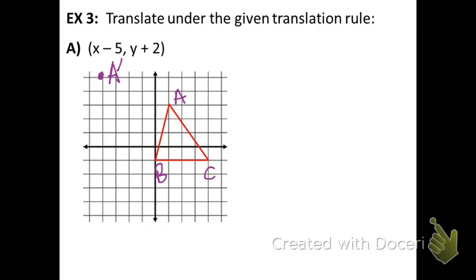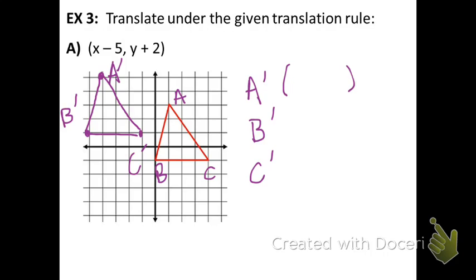B, I'm going to go back 5 and up 2 to get B prime. And C, back 5 and up 2 to get C prime. And another thing that we talked about, we said these shapes are really easy to see with translations, that they're exactly the same shape, and so we talked about it as being an isometry.